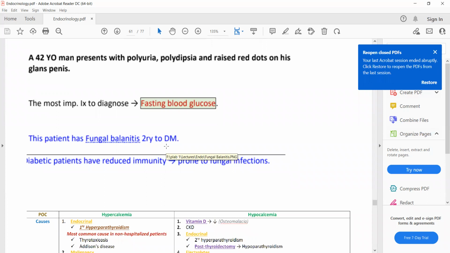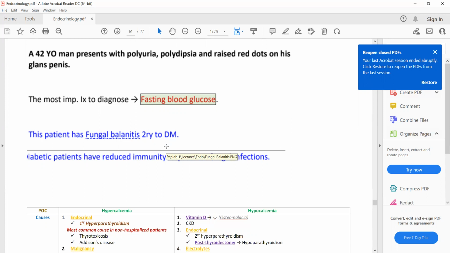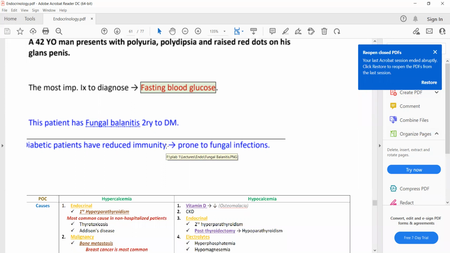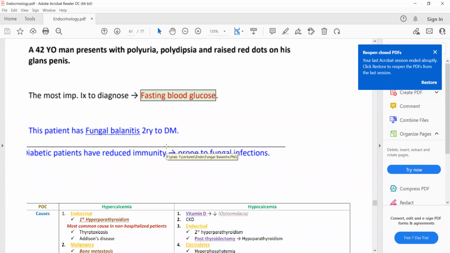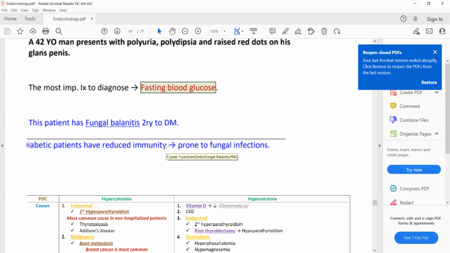Because the person has polyuria and polydipsia, and he has red spots, which is most likely a fungal infection, you will check fasting blood glucose level because this person is most likely diabetic. This can sometimes be a presentation of diabetic patients, with signs and symptoms of hyperglycemia such as polyuria, polydipsia, and low immunity such as fungal infection.